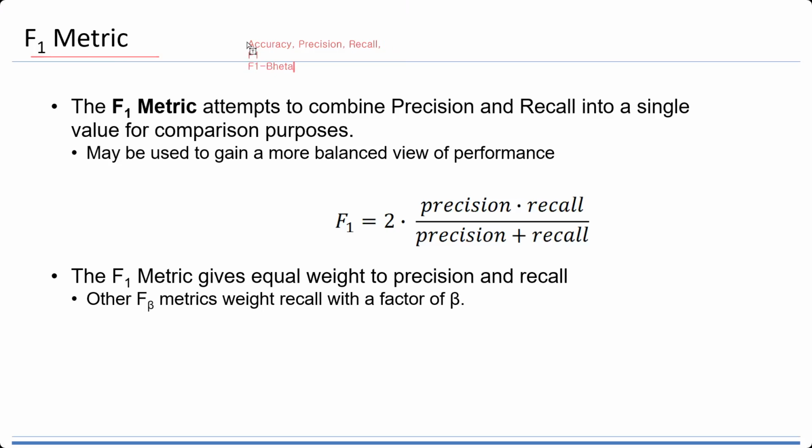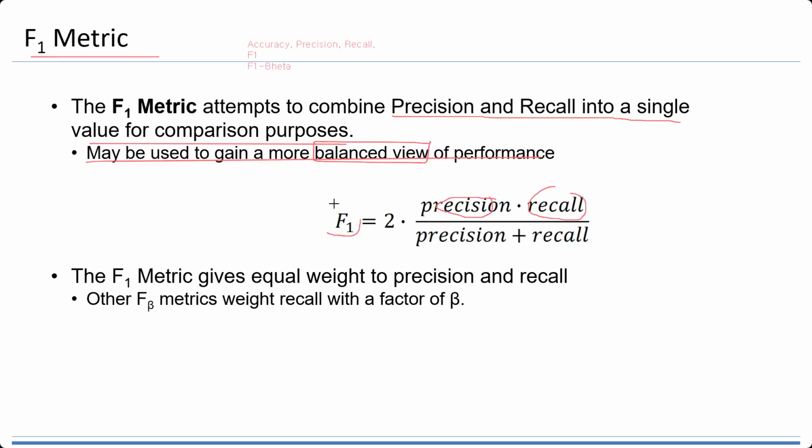The F1 score metric attempts to combine precision and recall into a single value for comparison purposes. So it may be used to gain a more balanced view of the performance. So the key point is balance. Balance means I want to make the precision and recall balanced.